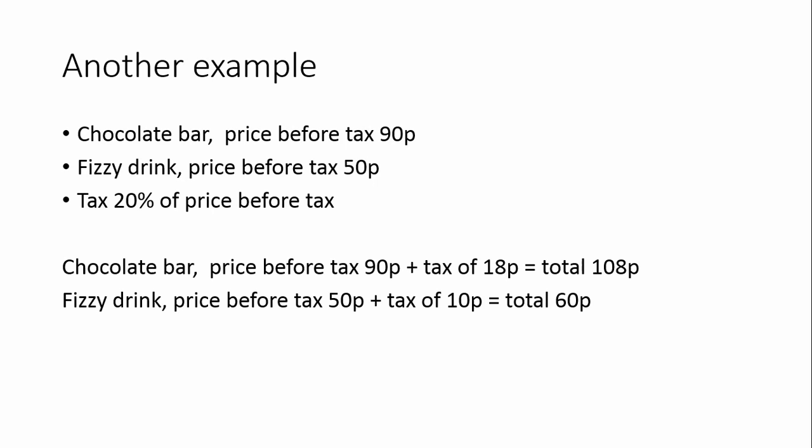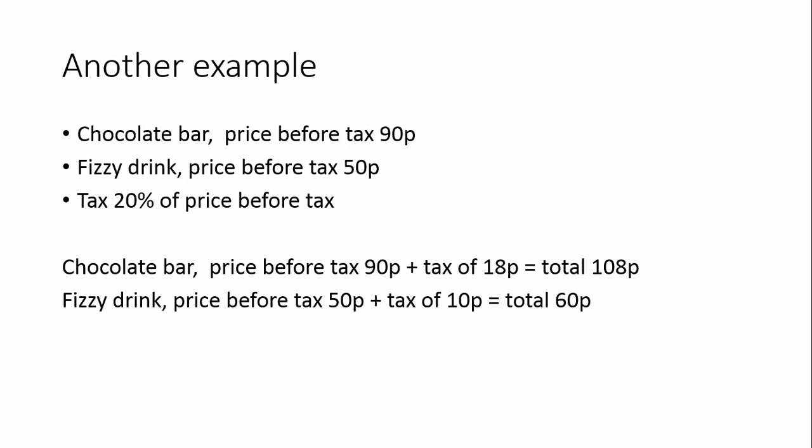The fizzy drink, the price before tax, is 50p, that's its local variable. The 20%, which is global, as that affects everything else, where we get an extra tax of 10p, therefore we have a total price of 60p. So now if we look at these two examples, the price before tax for both, that's local, that's the variable, and the total for both would be a local variable.